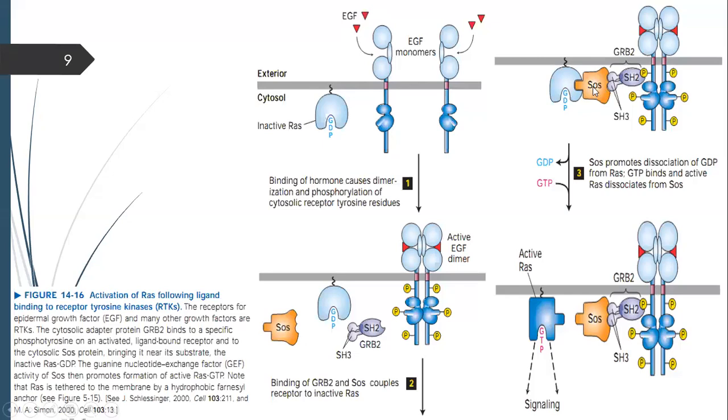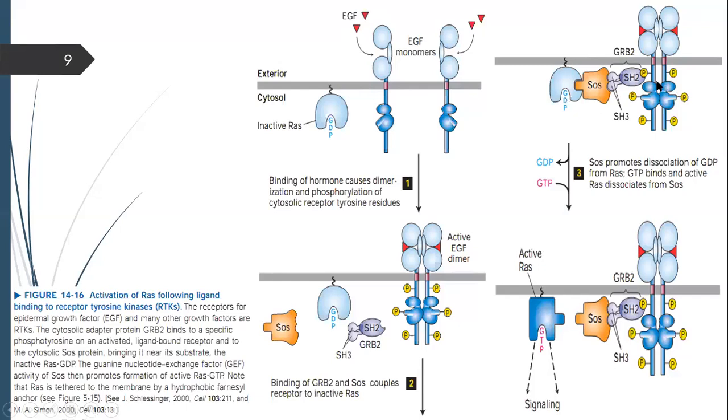What SOS will do is replace GDP with GTP. It will remove this GDP, and the empty cavity will be replaced with GTP, because GTP concentration is usually higher in the cell. So when GTP concentration is higher, the empty cavity will be replaced with GTP automatically.